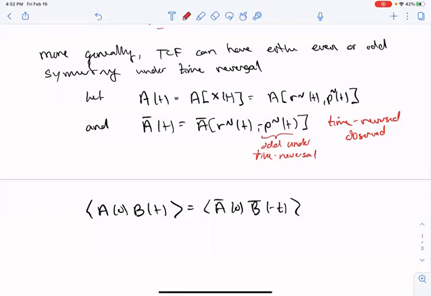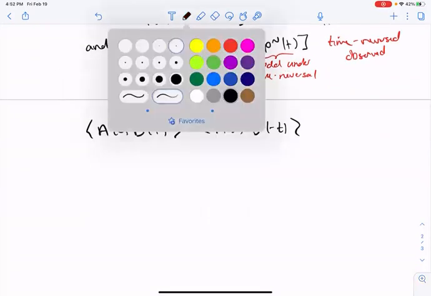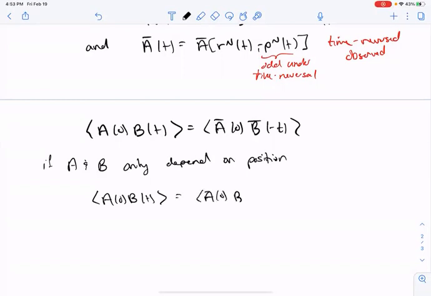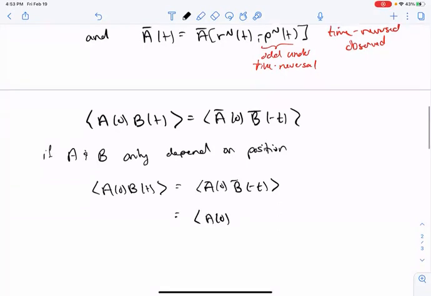Now, if A and B are solely functions of position, position being an even variable in time, then A of 0, B at t, which equals A bar of 0, B bar of minus t, must equal A. The bars don't mean anything, so that's the same as A of 0, B at minus t.